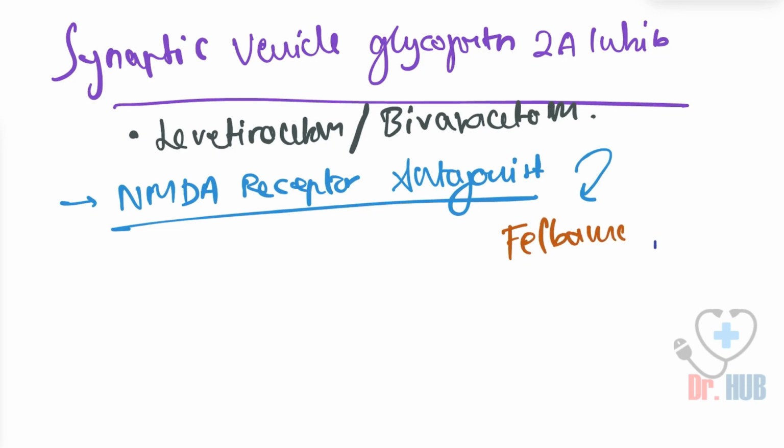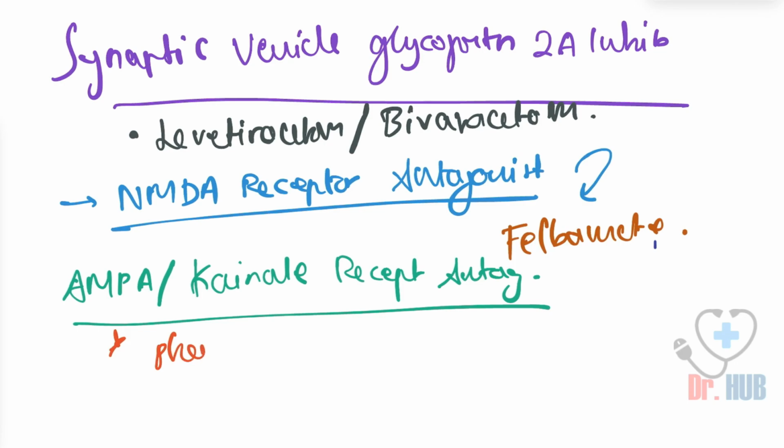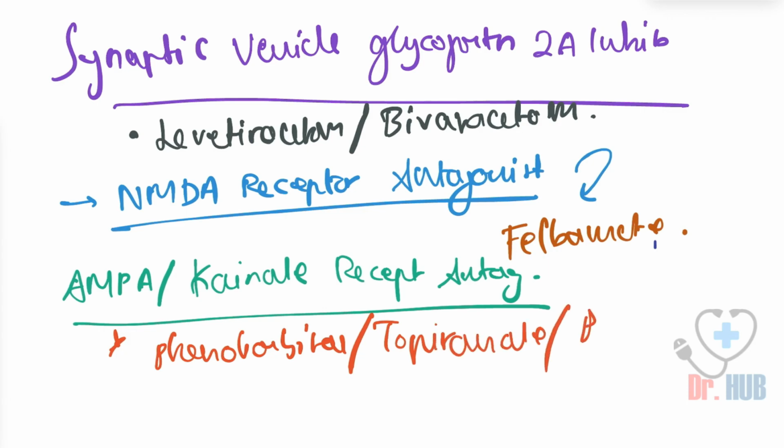Next we move on to the AMPA, or the kainate receptor antagonist. So under this it includes phenobarbital, there is also the topiramate, next there is also the perampanel.